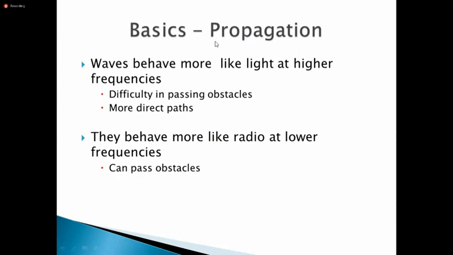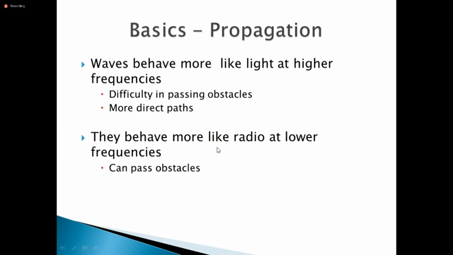They cannot pass through the obstacles. They have difficulty in passing through the obstacles when the waves are propagating at higher frequencies. Remember that. So when the waves are propagating at lower frequencies, they act more like radio waves.